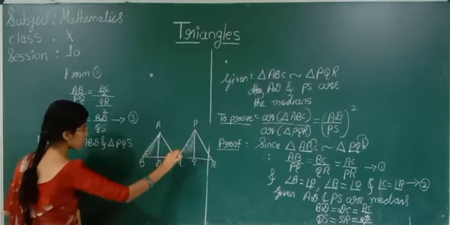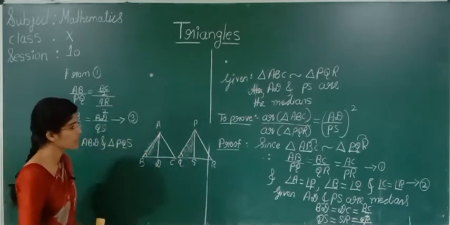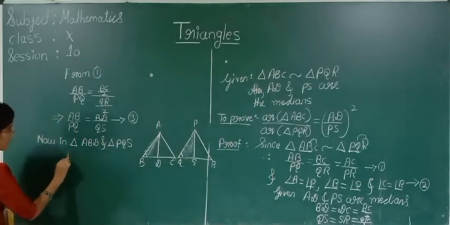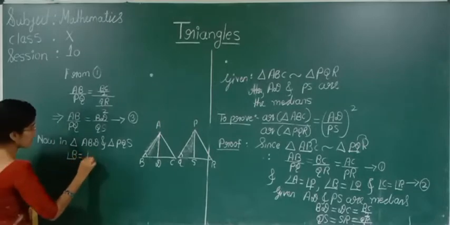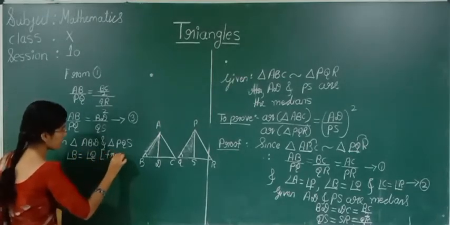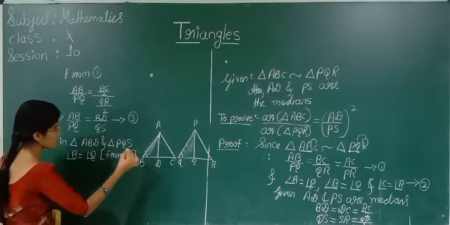Angle B is equal to angle Q, because we knew that from equation number 2.